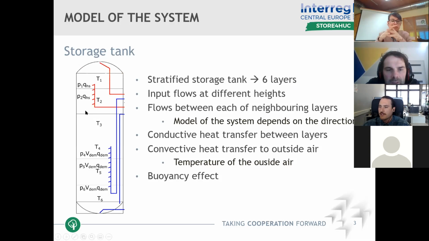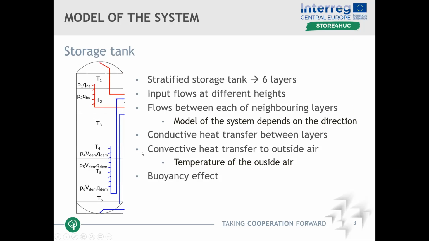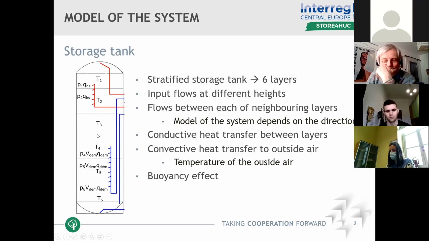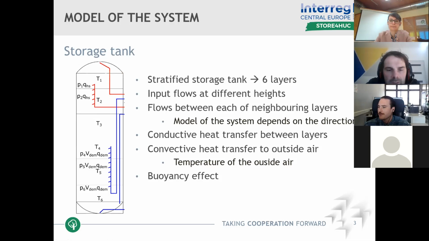So depending on the differences between these two flows, the flow throughout the tank will have a different direction. It could either go up or down. And this change in direction also changes the dynamics of the model. So this also gave us some trouble during development of this module.